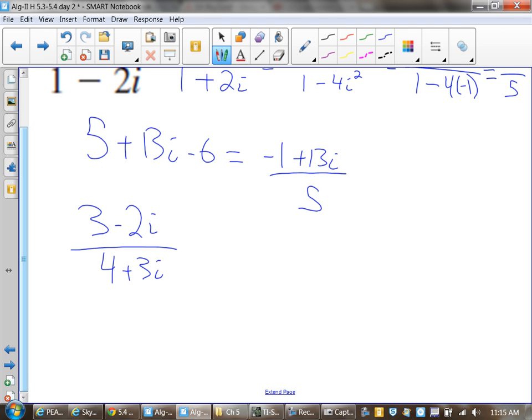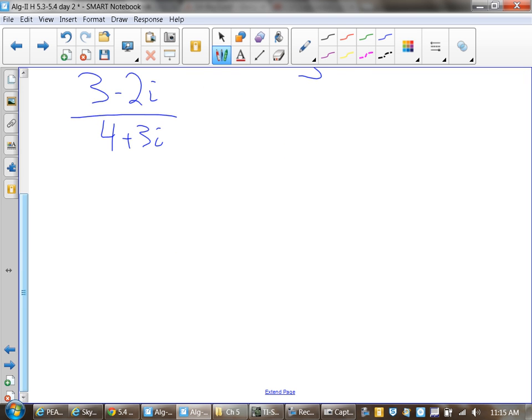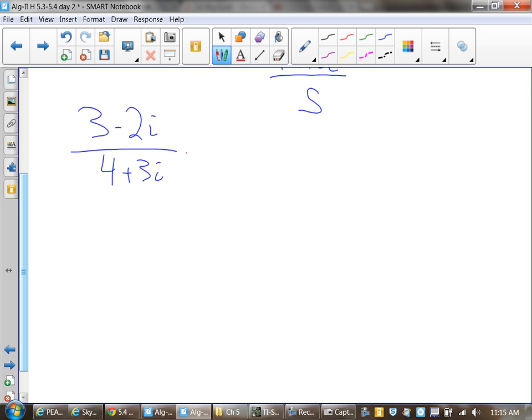Anyway, what's the conjugate of 4 plus 3i? So that means I'm going to multiply the top and the bottom by 4 minus 3i. My denominator, 16 minus 9i squared.